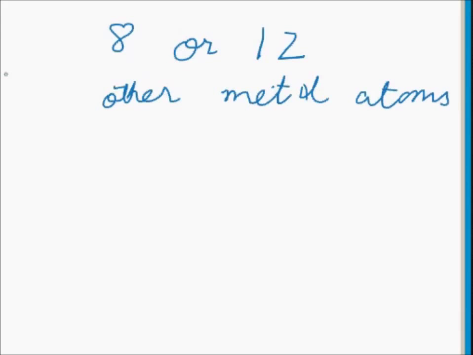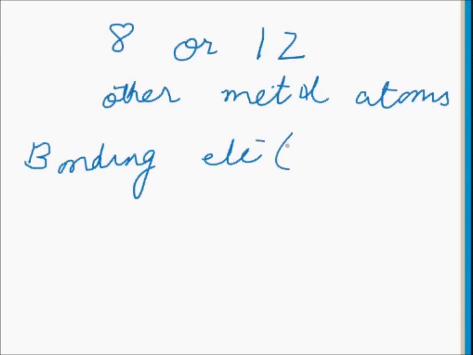Since in metal atoms the number of bonding electrons, we can also call bonding electrons valence electrons, is usually only few.